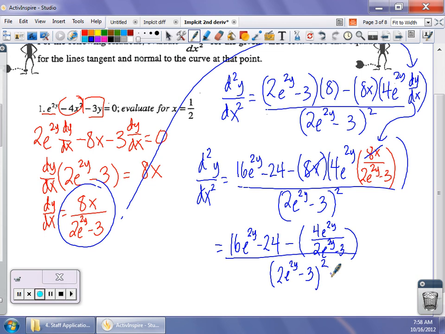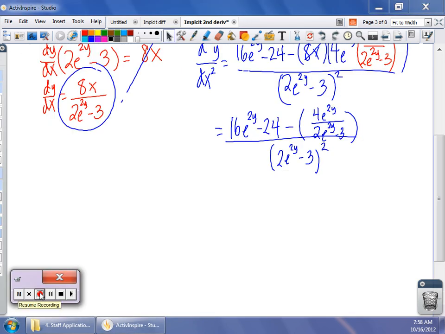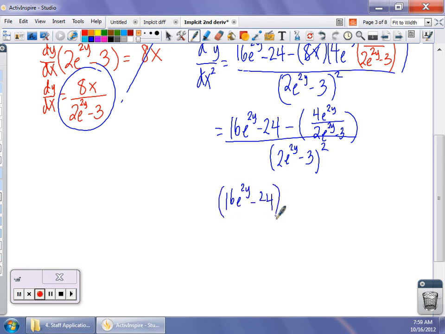Now at this point I could find a common denominator in the numerator. I'll go ahead and do that. So in doing that, that would give me 16e^(2y) minus 24 multiplied by 2e^(2y) minus 3, minus 4e^(2y).